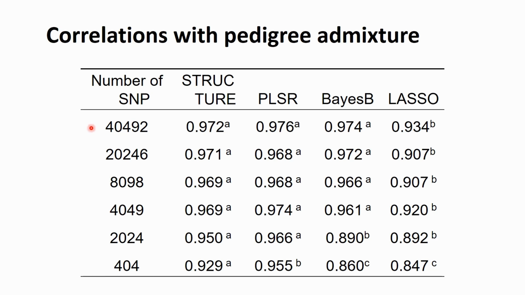But if you just take 50% of the SNPs or 25%, or you just go down, you still get quite reasonable results. So even with 1% of the SNPs, you still get very high correlations in the range of 0.93 when it comes to pedigree admixture.